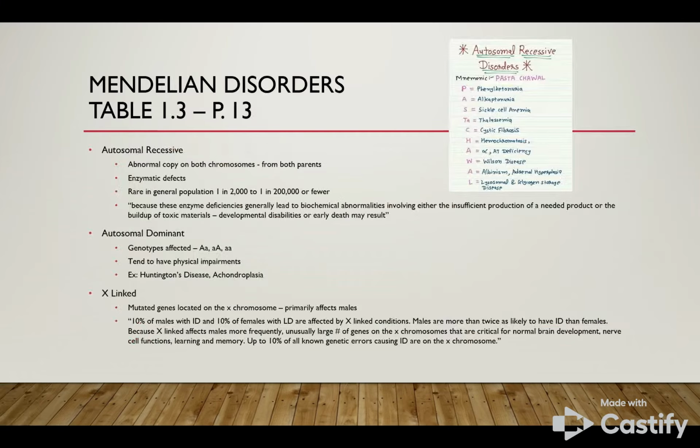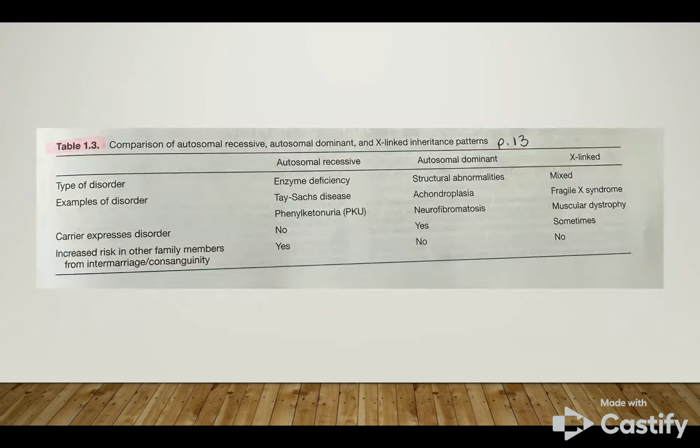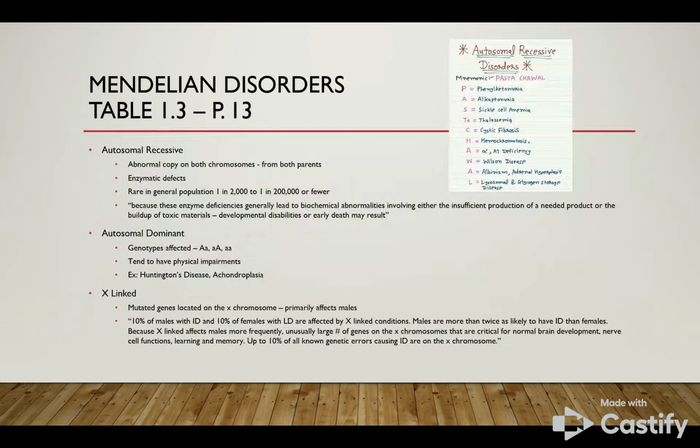This slide is on Mendelian disorders, which is also in this table in your book, table 1.3, on page 13. This review talks about 3 different ways that disorders can show up in our bodies. An autosomal recessive disorder is when there is an abnormal copy on both chromosomes that come from both parents.